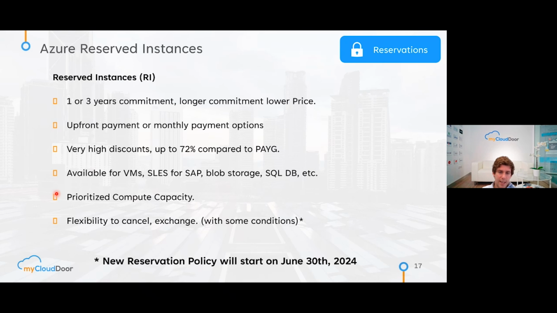And then you are able to cancel reservations up to $50,000 per year. So if you have a reservation whose value is 20,000, you are able to cancel that. But during one year, you are able to cancel up to 50,000 committed quantity.